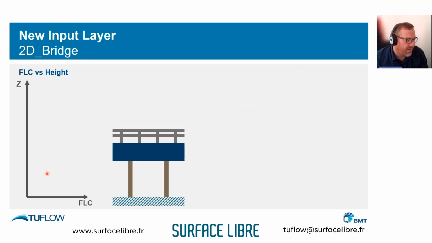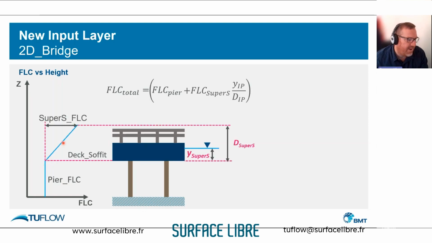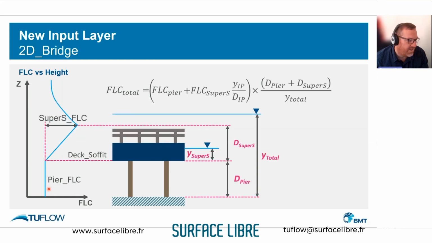So if we look at the form loss coefficient with height, below the deck soffit our form loss coefficient is constant. We then have a linear transition to the inflection point, and then we have this decay. So this is what our form loss coefficient looks like with height, and our total form loss coefficient is shown there. So that's what's going on.